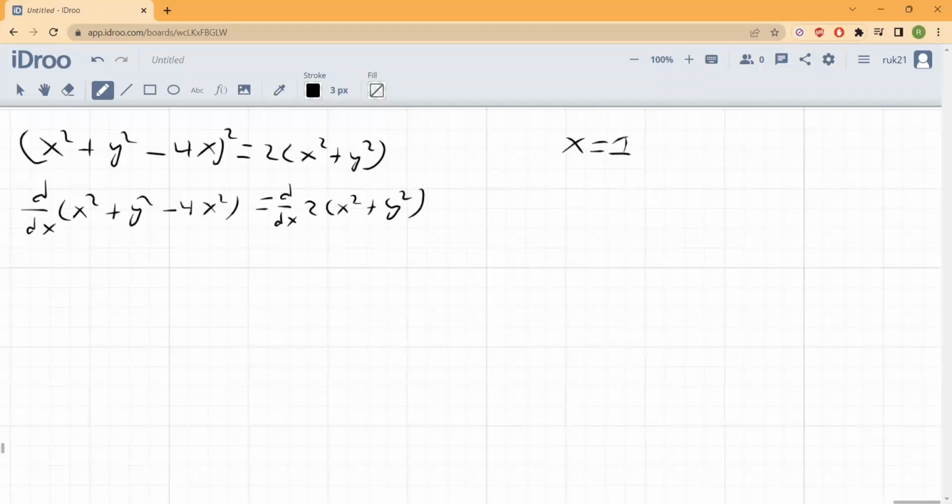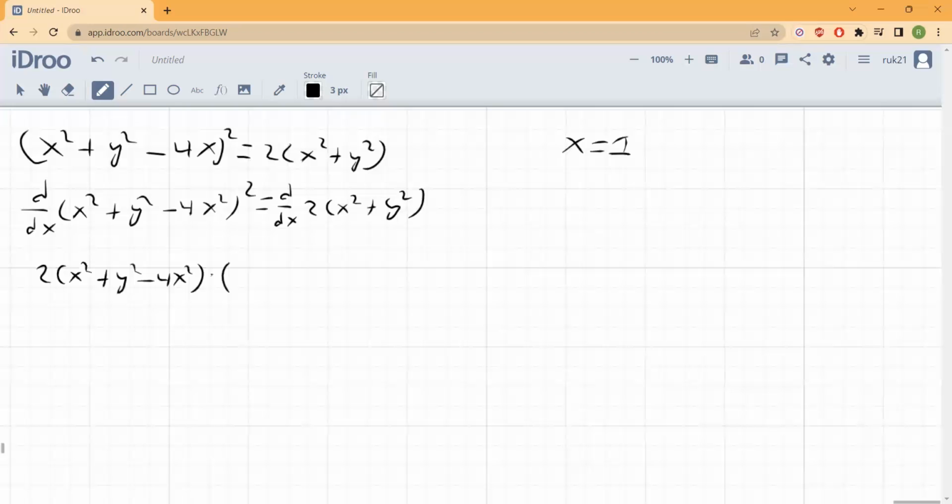Then we're going to start deriving it basically. Here we have a square, so we're going to start deriving. Over here we're going to have a chain rule. The first thing we're going to do is bring out the 2. So it's going to be 2 times (x squared plus y squared minus 4x squared), and that's going to equal, and I'm rushing, times, so we need to chain it.